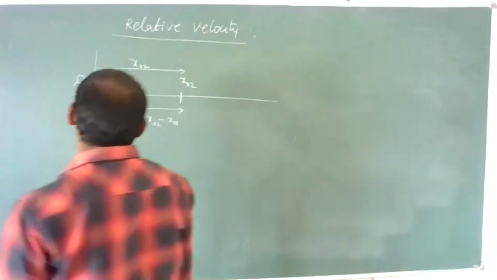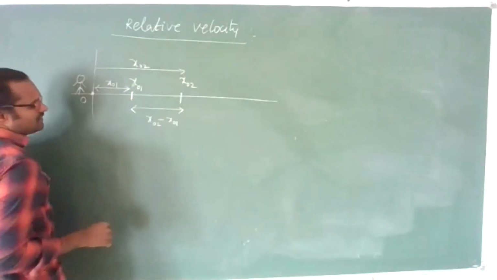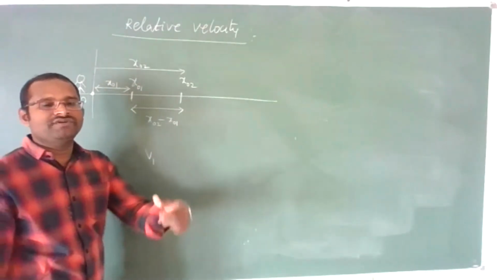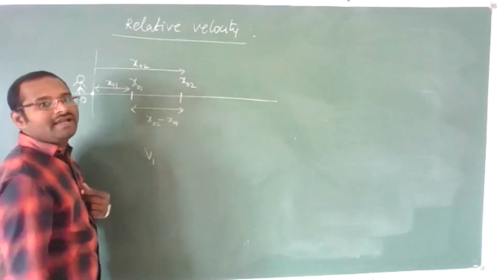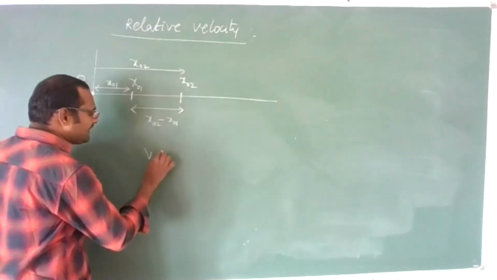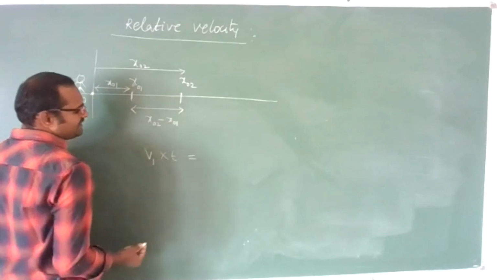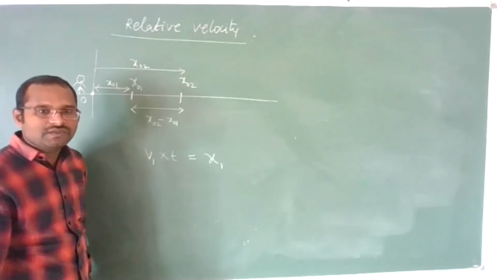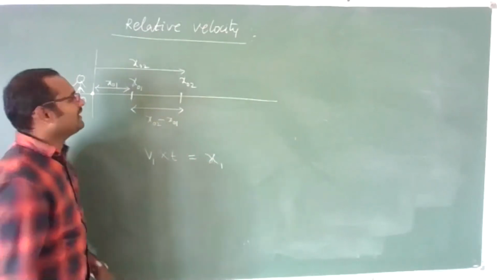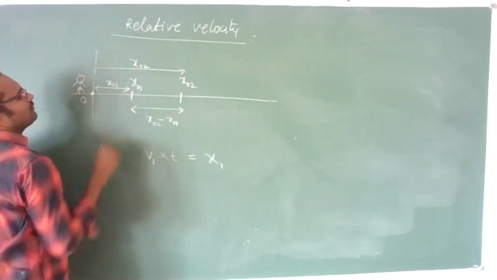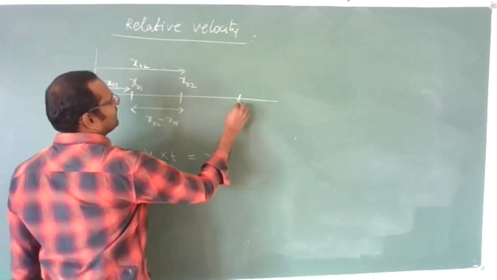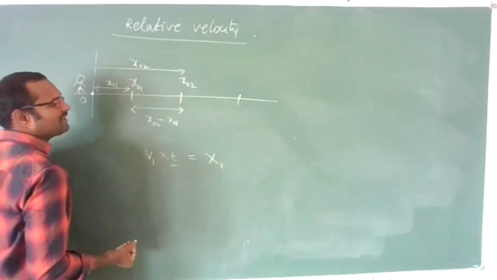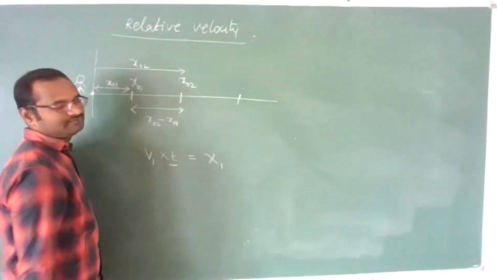Now let us suppose that the first car is moving with a velocity v1. After a time t seconds, it will cover a distance of v1t. Yes, distance is equal to velocity into time. So this first car goes somewhere after a time t seconds because it is moving with a velocity v1.